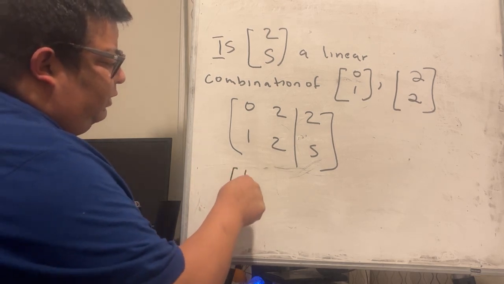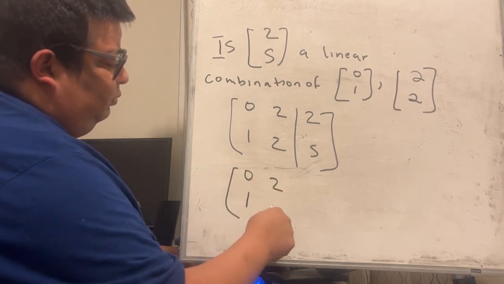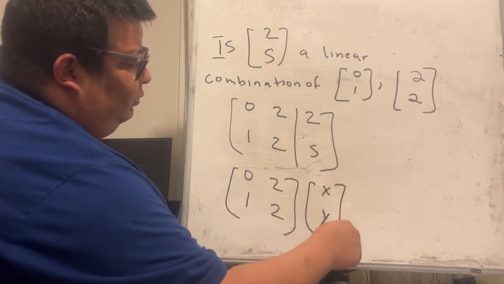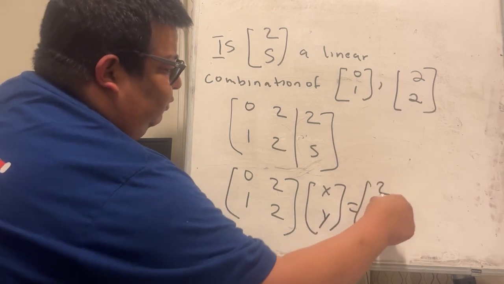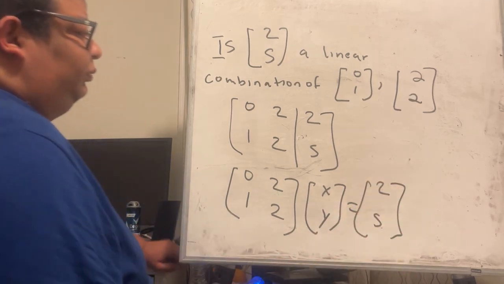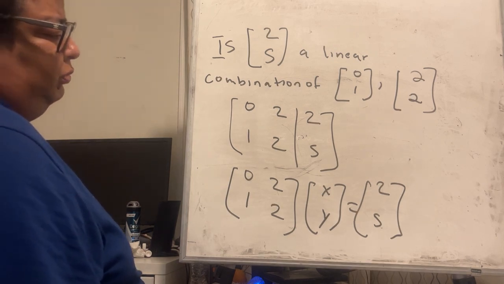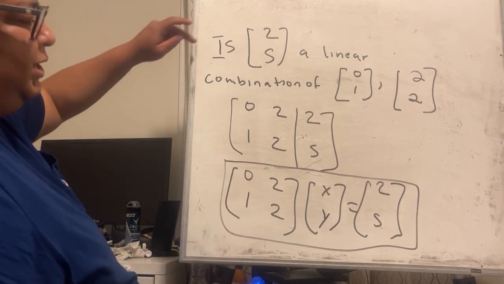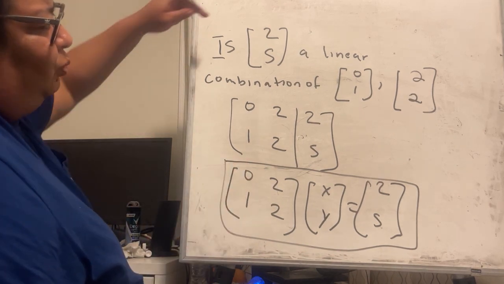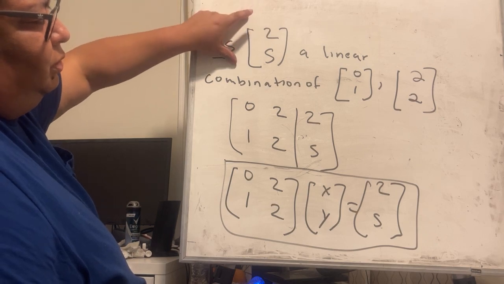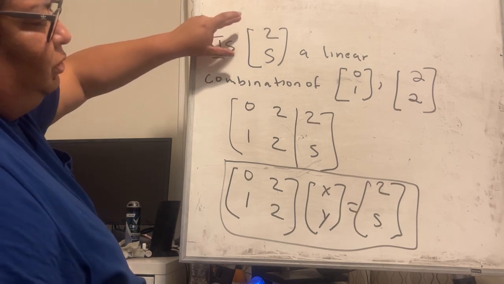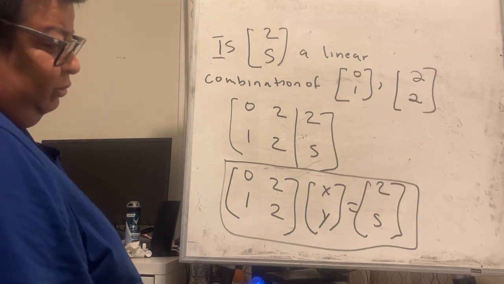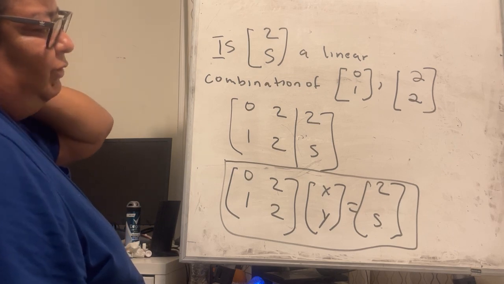Basically, we can write it as follows: the matrix with columns (0, 1) and (2, 2), times (x, y), is equal to (2, 5). So this is the system that we need to solve in order to find this answer. But when you're working with just two variables, it's kind of easier to do it as follows.